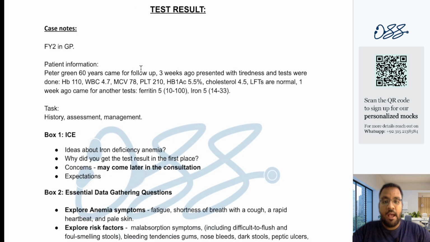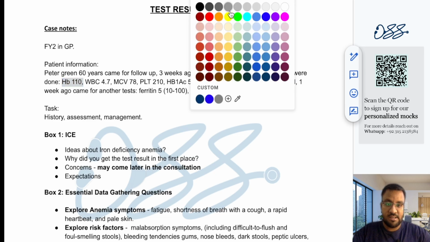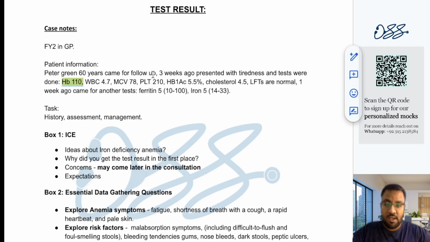The test result station would present in this way, in which a patient would be there, and some test results would be mentioned. For example, in this case, the full blood count, HbA1c, cholesterol, LFTs, which are the baseline investigations, are mentioned, and serum ferritin and serum iron are also mentioned.